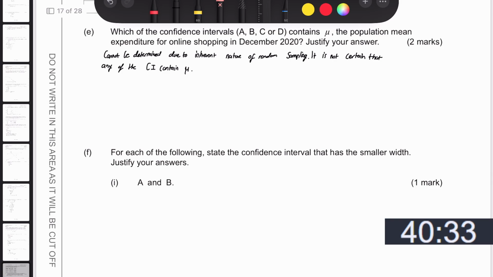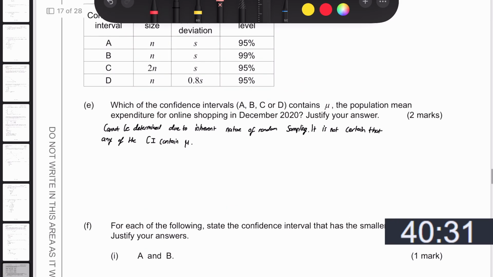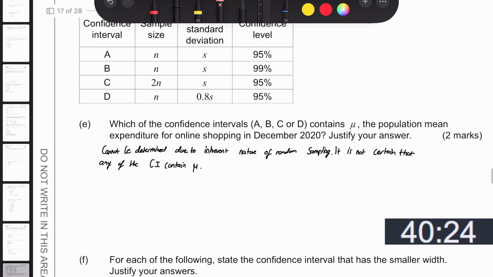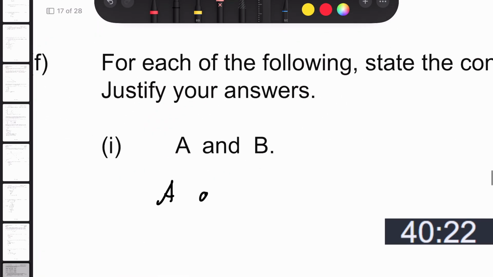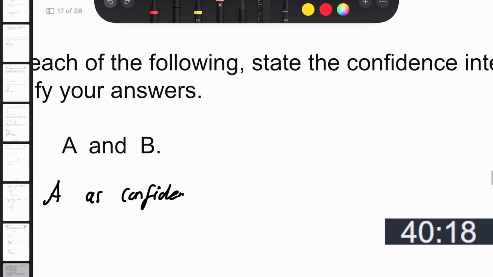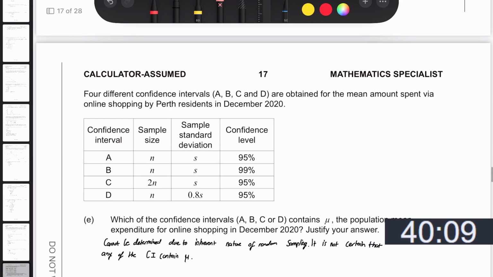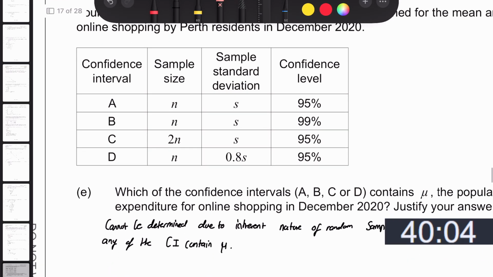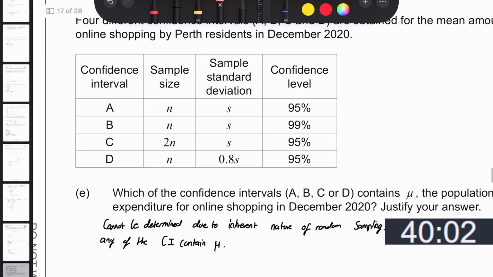Okay, for each state the confidence interval that has the smaller width, so A or B. So we'll say A because A has less confidence, so the confidence level is lower. And then C and D. Sample size. So confidence level is the same.